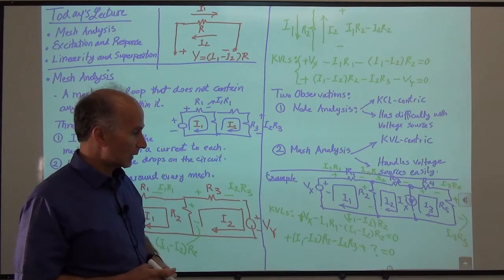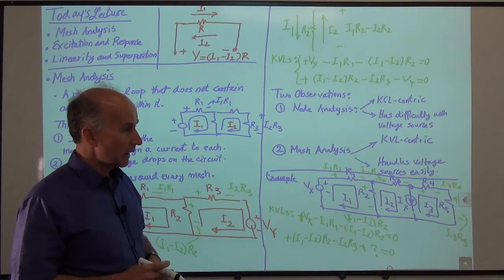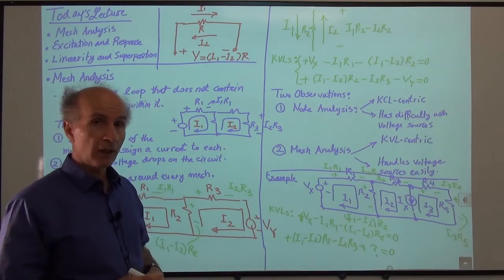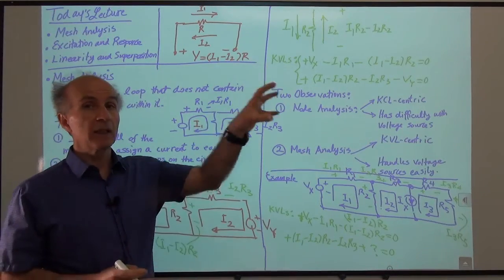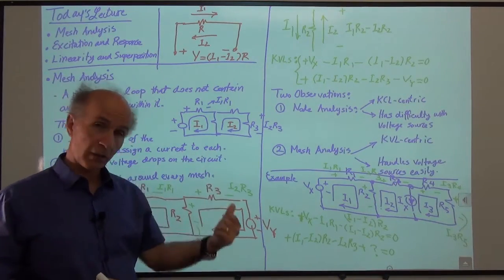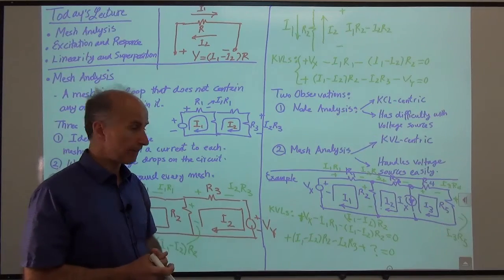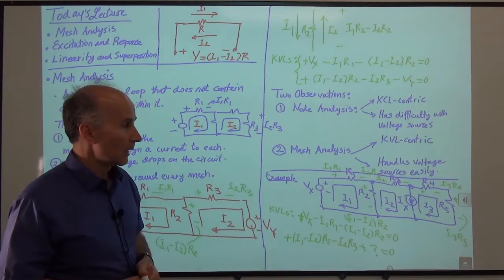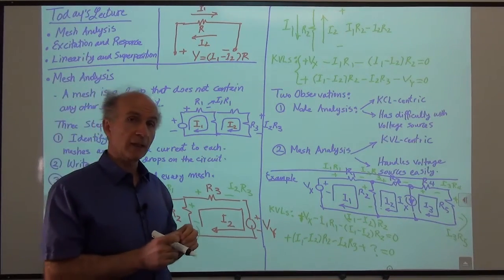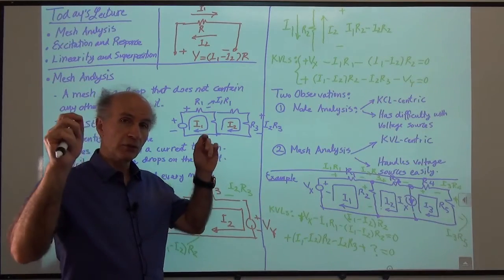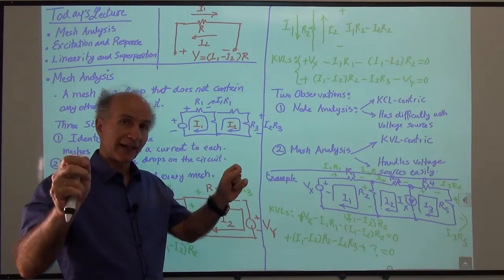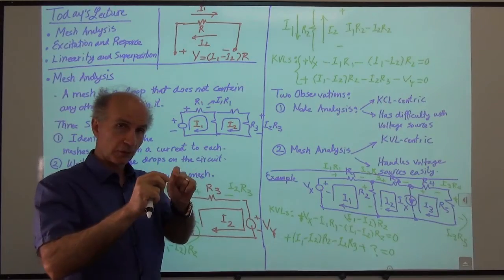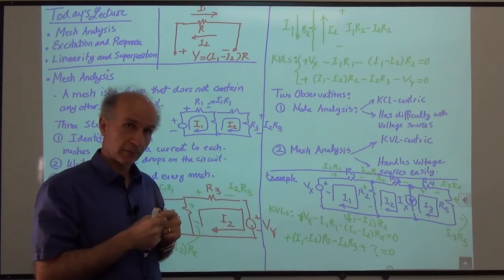Okay, so we have an issue here, and this is reminiscent of a voltage source in node analysis, right? Here we have a current source in mesh analysis. So what's the procedure? Well, remember, in node analysis we said that we merge the two nodes that are attached to the voltage source to create a supernode.